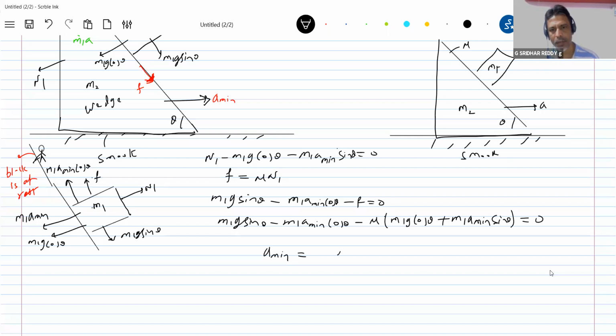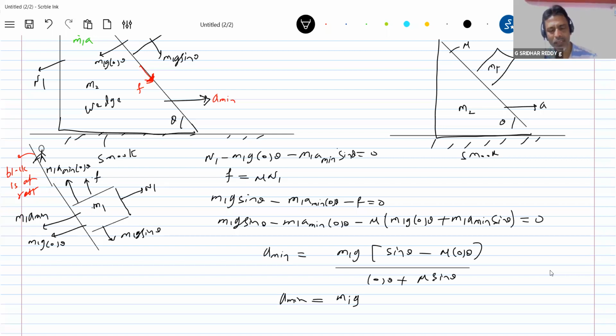A minimum should be equal to m1g sin theta minus mu cos theta, all divided by cos theta plus mu sin theta. This is a form you have already seen. I told you it will come at many places.